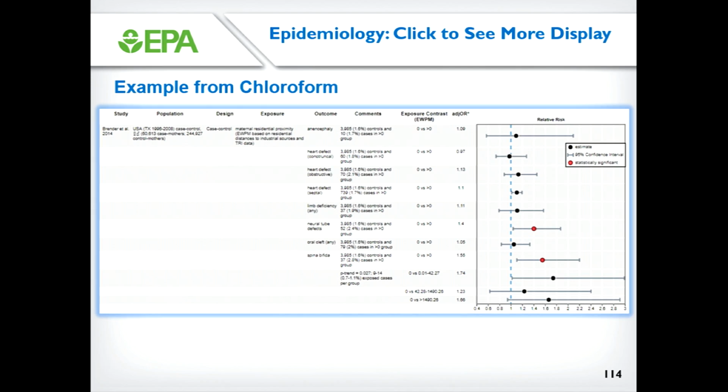So here's an example from chloroform, an epidemiology study. This is just one single study that reported many birth defect outcomes. So this might be a visual, and you can see features of the population, the design, a bit of the exposure. You can put comments in here. It has features of the exposure contrast.